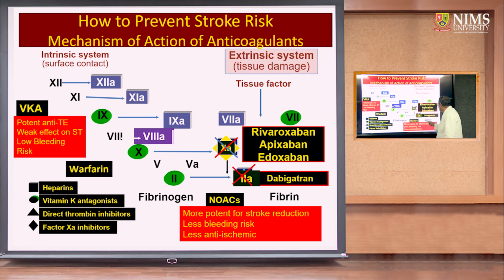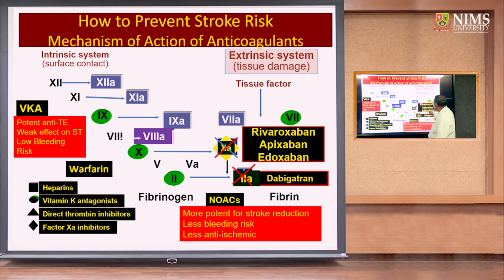One type of NOAC acts at factor 2, and that is dabigatran. What dabigatran does is it directly prevents conversion of fibrinogen into fibrin. The other NOACs are active on factor 10.